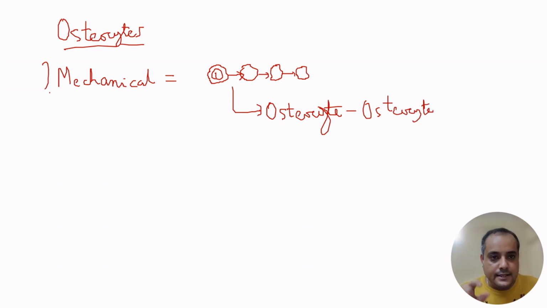The second thing, if you look into the internal structure of a bone, suppose this is the central canal, and this is how the osteocytes will be located, one after the other. And suppose this is the surface.